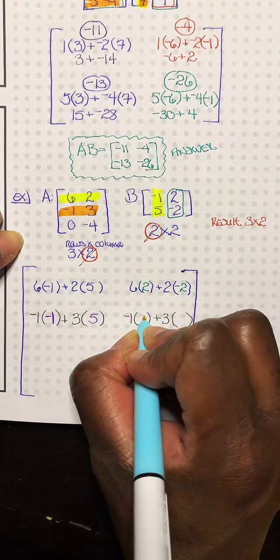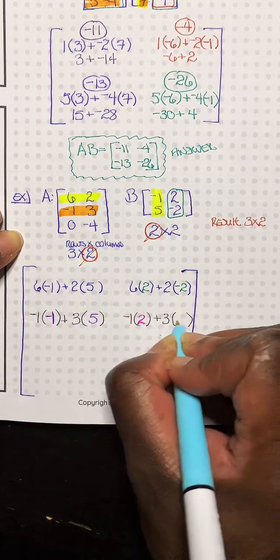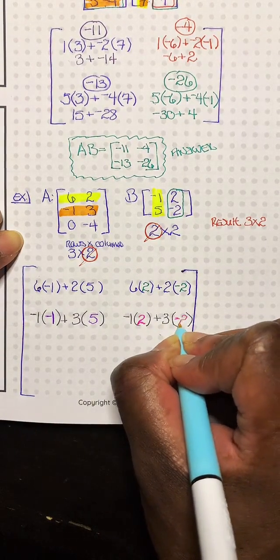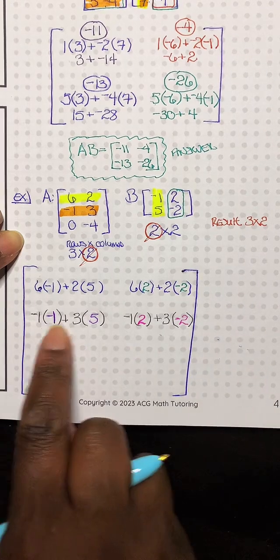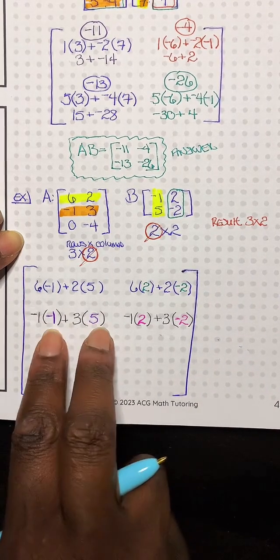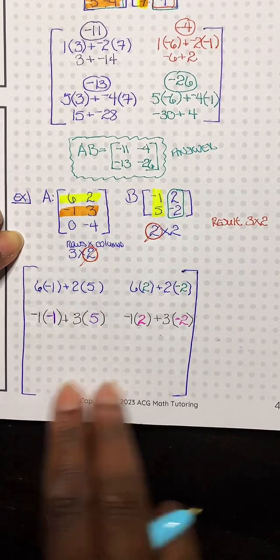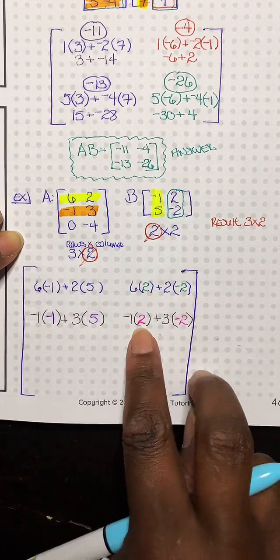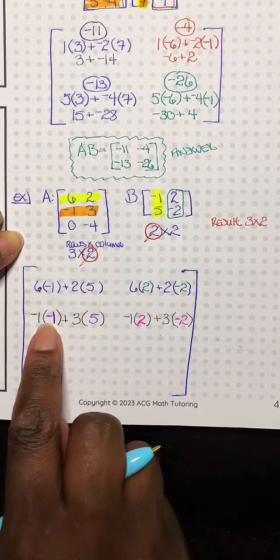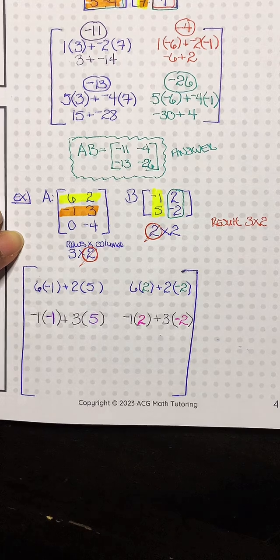So again, it's 2, -2. If you want to cheat, what's inside the parentheses is going to repeat. You notice how it's 2, -2, 2, -2, -1, 5, -1, 5. You can do it that way as well.